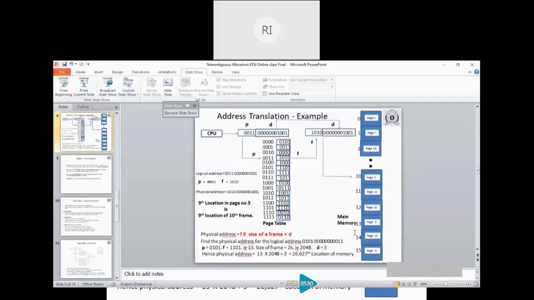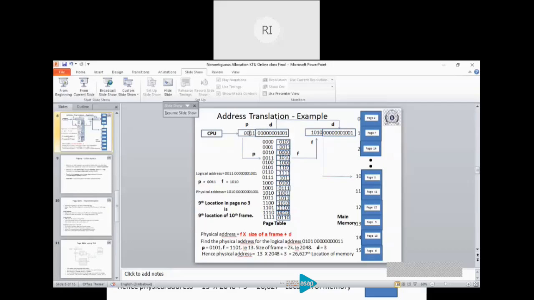The CPU generates a 15-bit address because in order to address these memory locations we need 15 bits. So the logical address contains 15 bits, which is divided into page number and offset. As I told you, the page number contains 4 bits as there are 16 entries in the page table, and the offset contains 11 bits.